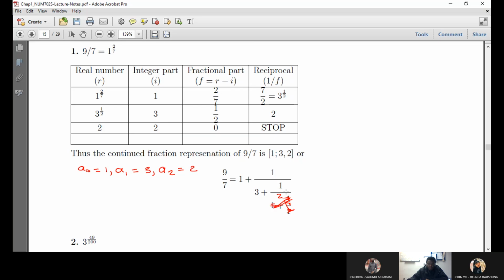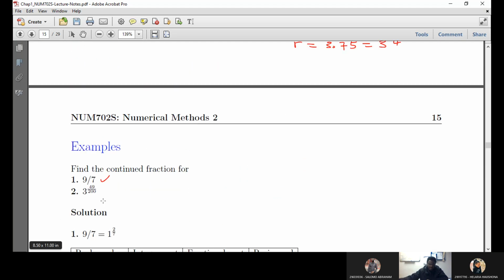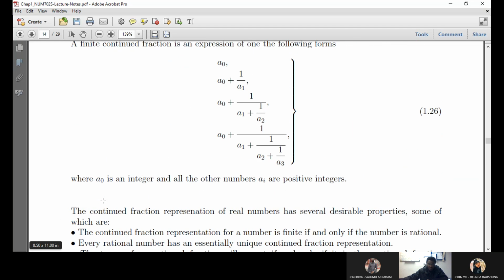And this should be the last denominator. It will end by 1 by A2, as you can see here. You can see that here we have 1 by A2 when there are 3 terms. In our representation, there are 3 terms, A0, A1, A2. You can see that here we didn't break this into 1 or whatsoever.